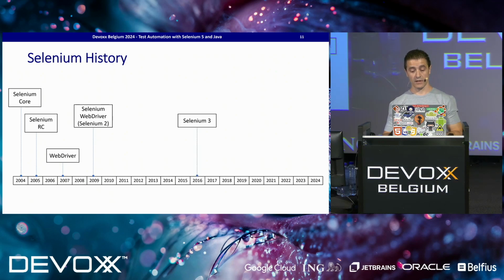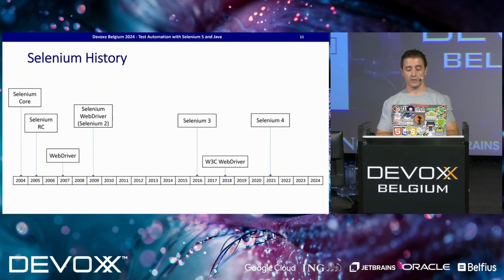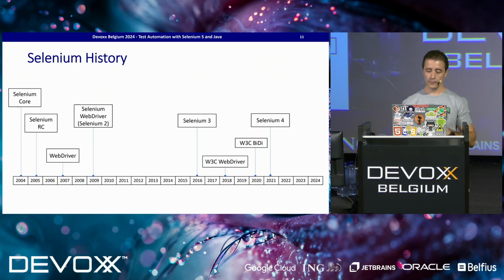It has evolved in Selenium 3 in 2016, Selenium 4 in 2021. And in the middle, there are two important milestones I want to highlight, which is the creation of these standards, W3C WebDriver and W3C BiDi. These two are recommendations created in the W3C, very relevant, and I'm going to describe them in this talk today.